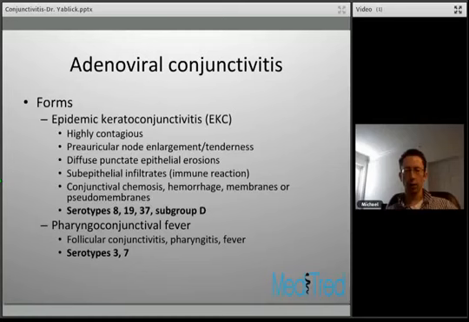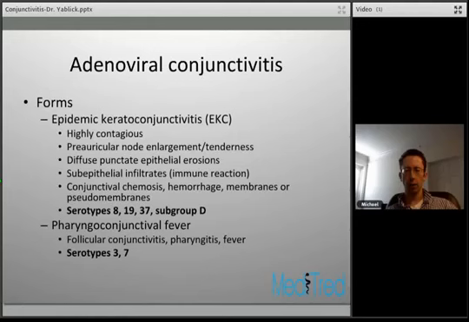And then you can develop membranes or pseudomembranes. In EKC, the typical serotypes are 8, 19, 37, and subgroup D. Remember these numbers, they tend to be testable. But EKC tends to be more of the severe form of adenoviral conjunctivitis, and these patients are very uncomfortable.